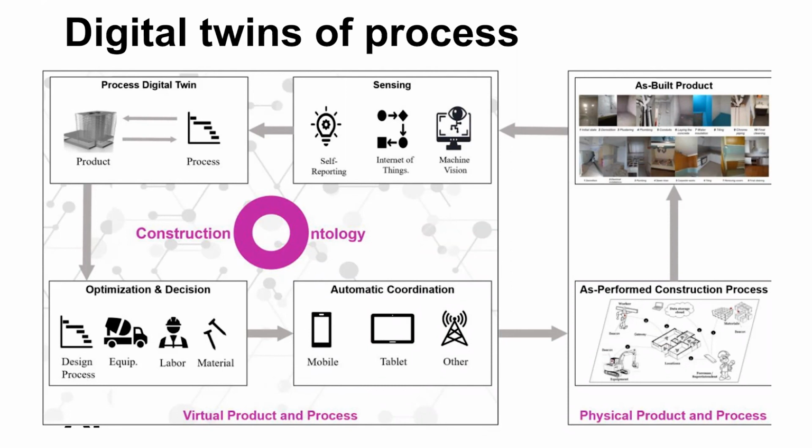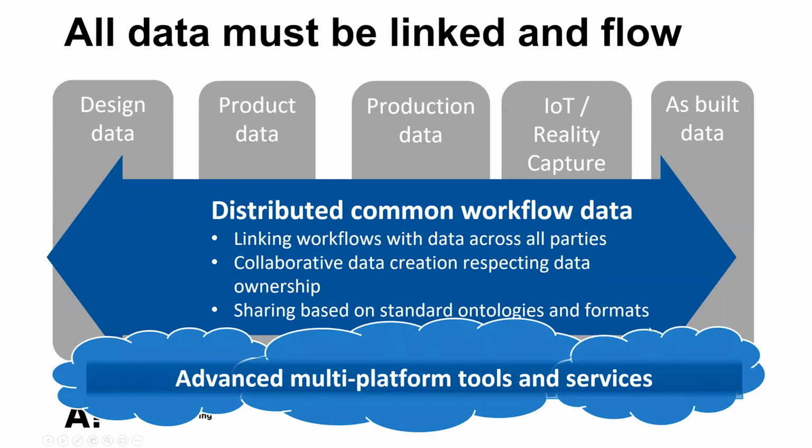The process digital twin is starting, and then we are just doing the first proofs of concept on what we would really do with that process digital twin. And there are also some proofs of concept for automatic coordination of workers, but there we are in the early stages. But some ideas are presented today in other presentations.